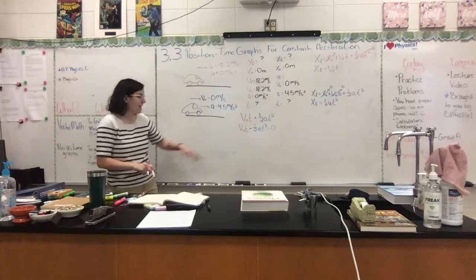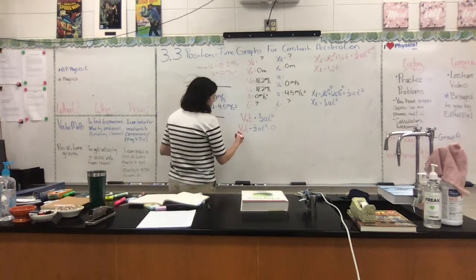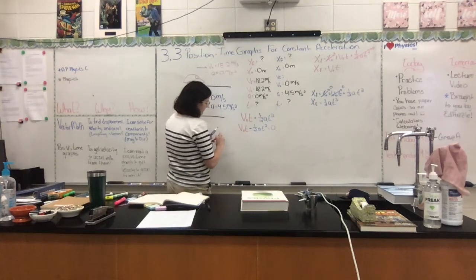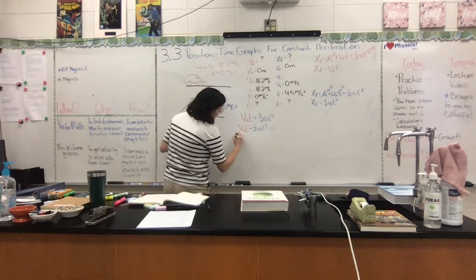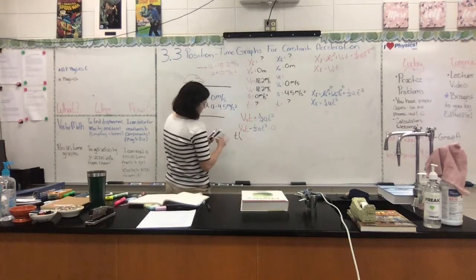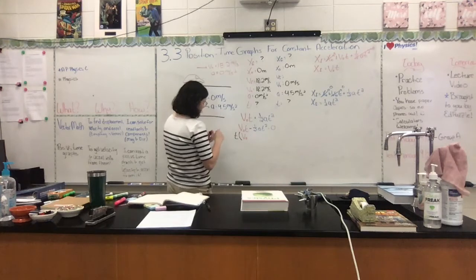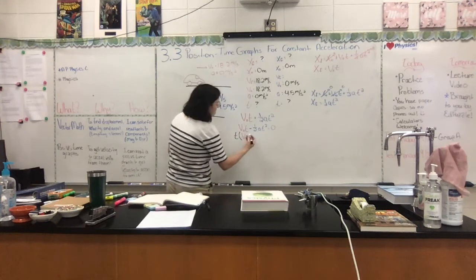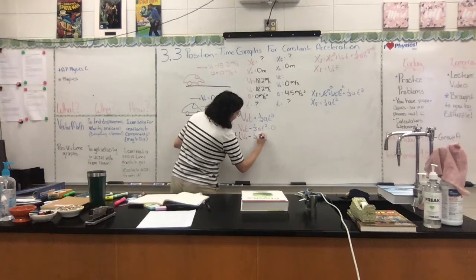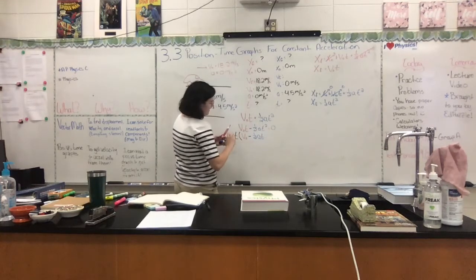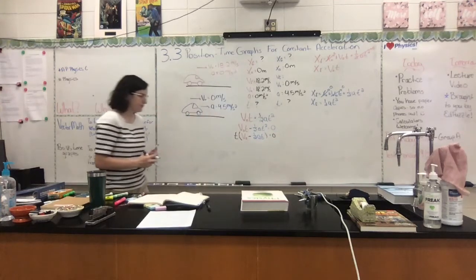Now, when I have that, I can take out one of the t terms. So if I take out a t, I'm going to have t on the outside times v naught minus 1/2 a t, close parentheses, equals 0.